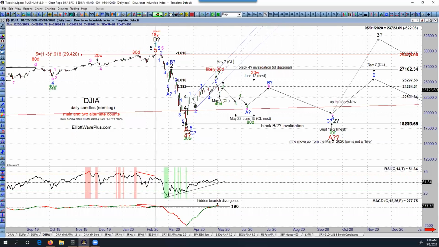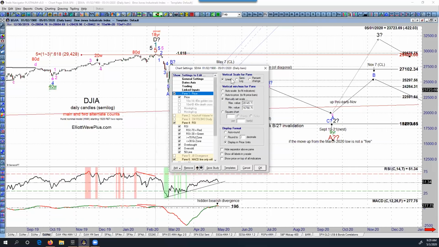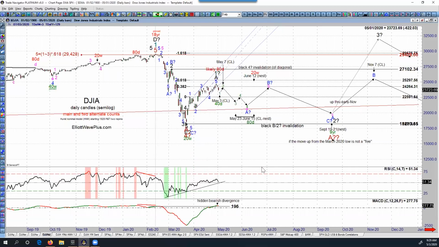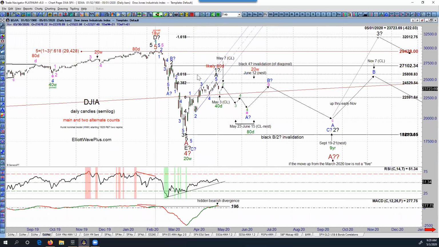So I'm going back to Similog. And there is an interesting situation, and that is that the rest of the impulse only moved up to the 0.382 expansion off of this move to the upside.